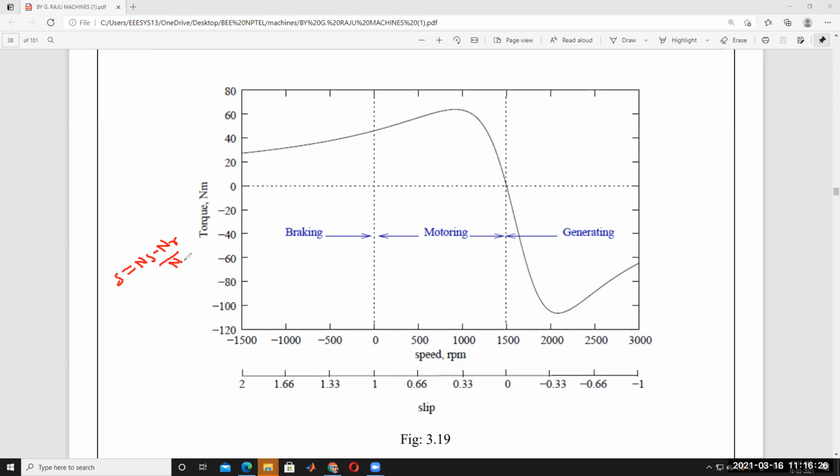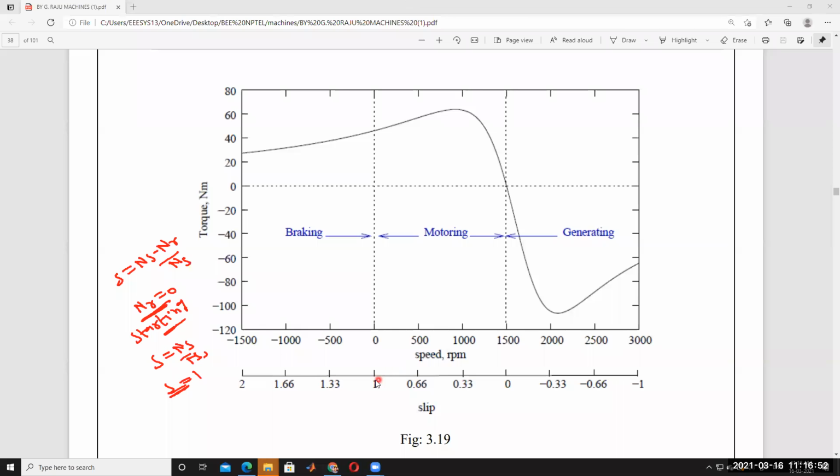At NR equal to 0, under starting condition, rotor speed is 0. That's why slip is equal to NS by NS, which is 1.